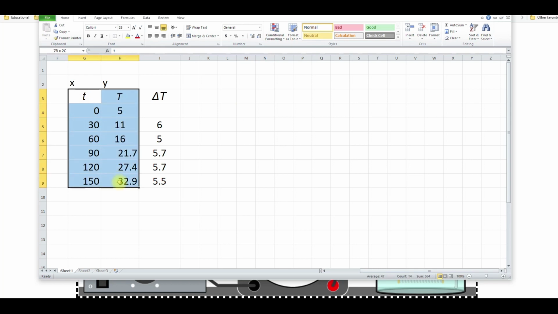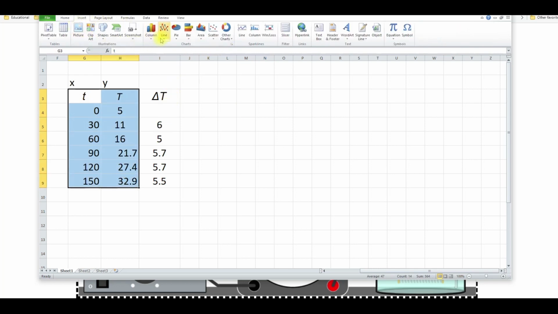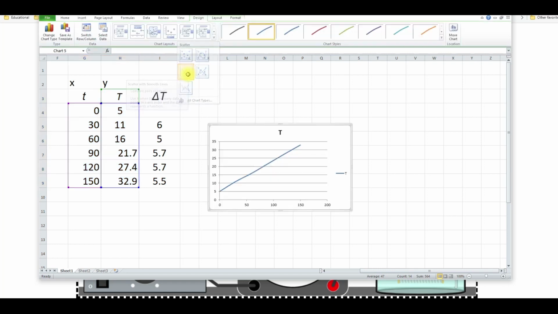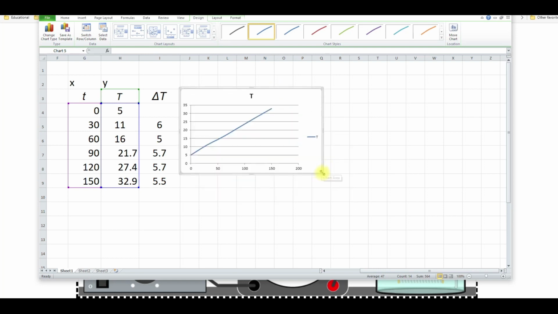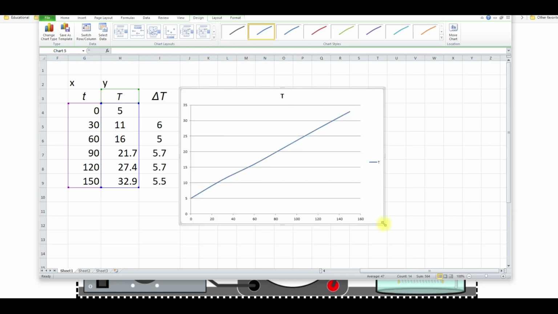You select only the data and then go to insert, scatter, and choose this one with the line. That's your graph. Easy peasy. You can increase the size of the graph. Then you can select the line, right click on it, and add trendline.